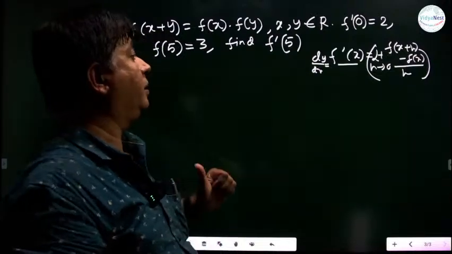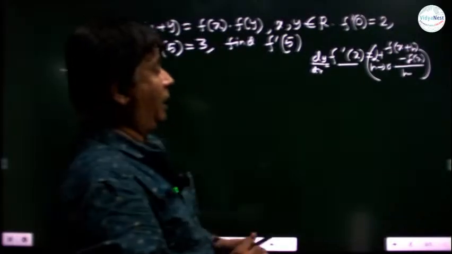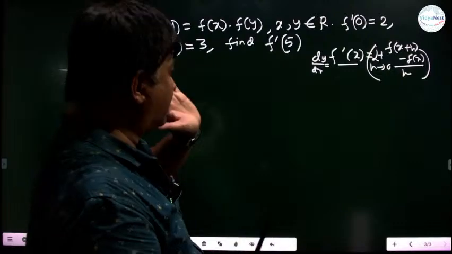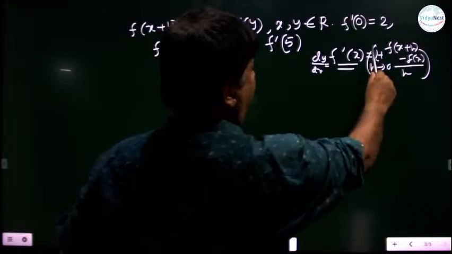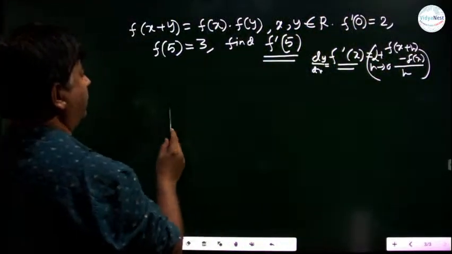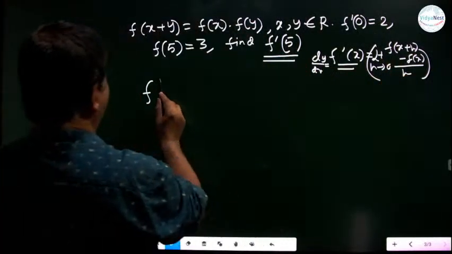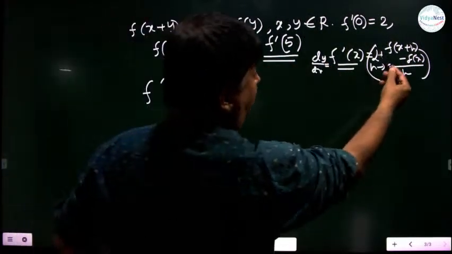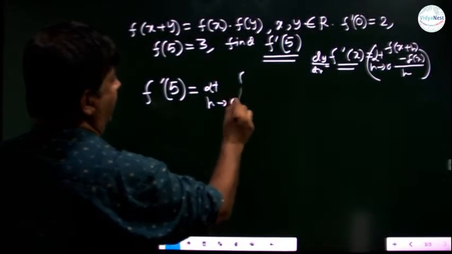If I put myself in your position, I would have seen the sum from that point of view. F dash x is defined by this, and I am told to find f dash 5. So instead of x, if I put 5, that also will be depicted by this formula in the same manner.